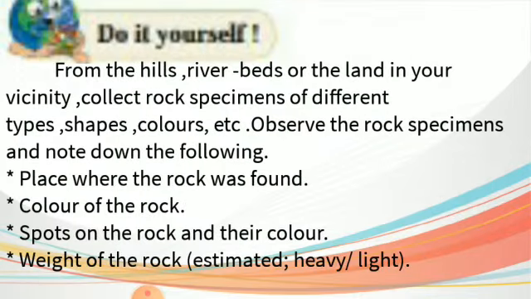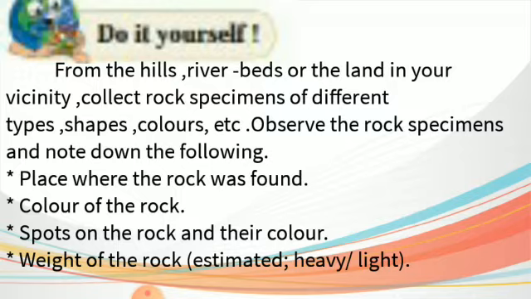Children, you have to do it yourself. From the hills, riverbeds or the land in your vicinity, collect rock specimens of different types, shapes, colors, etc. Observe the rock specimens and note down the following. Place where the rock was found.